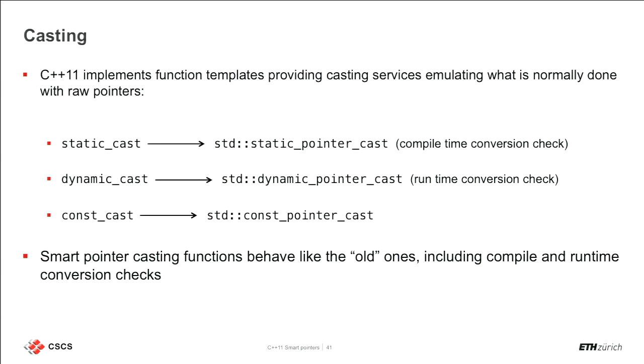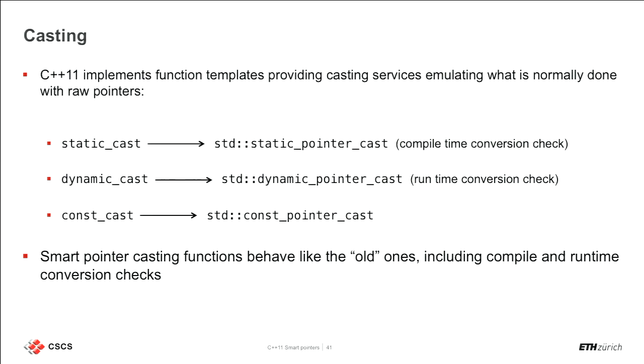We have static pointer cast, dynamic pointer cast, and const pointer cast, and they make basically the same check at runtime or compile time that the version for the raw pointer performs. So with the static pointer cast, you will have a compile time conversion check. With the dynamic cast, you will have the runtime conversion check.